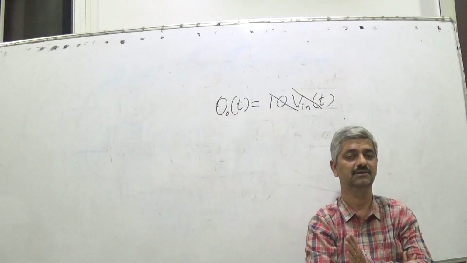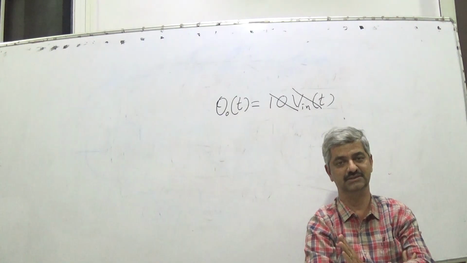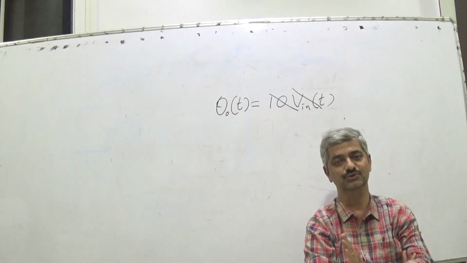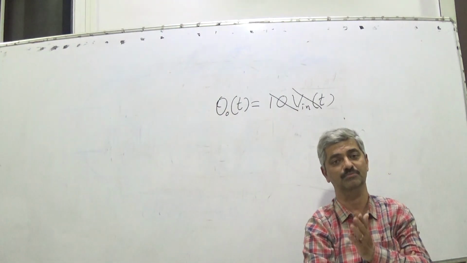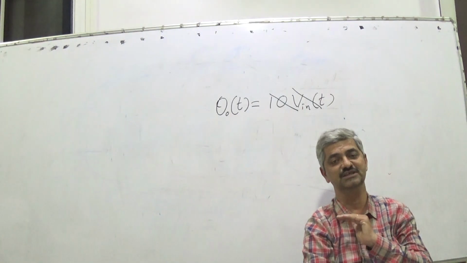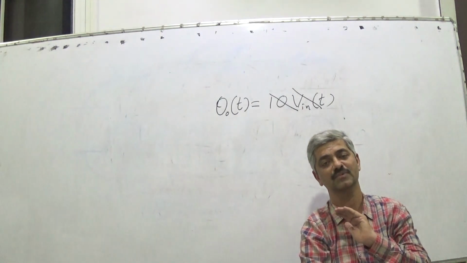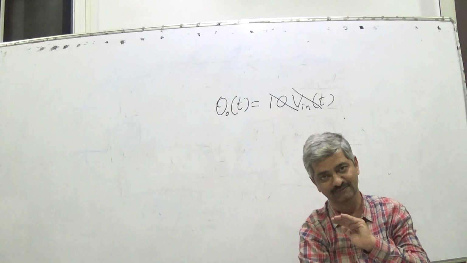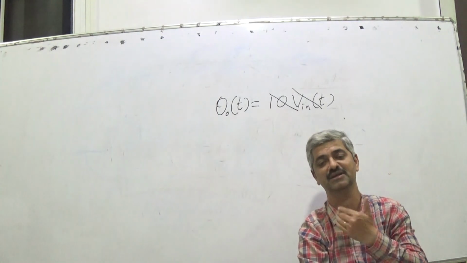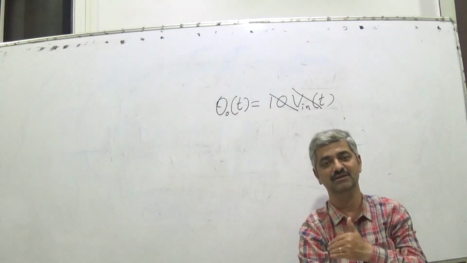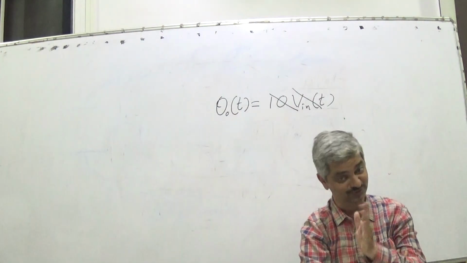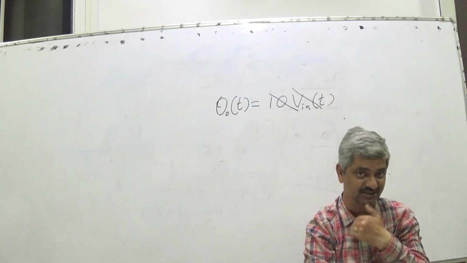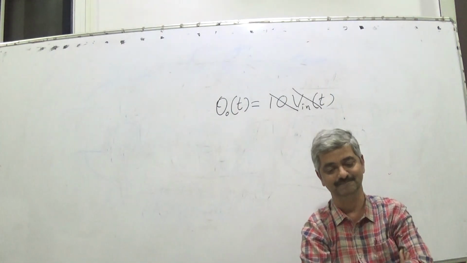That current produces some magnetic effect in the electromagnet formed by the coil, which is placed in the magnetic field created by the permanent magnet. So it is a permanent magnet moving coil, and because of that the coil moves. All this takes time.